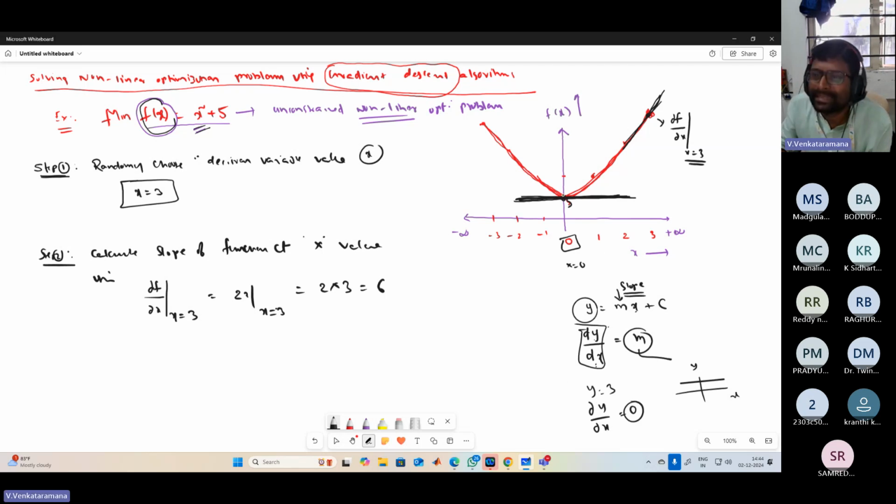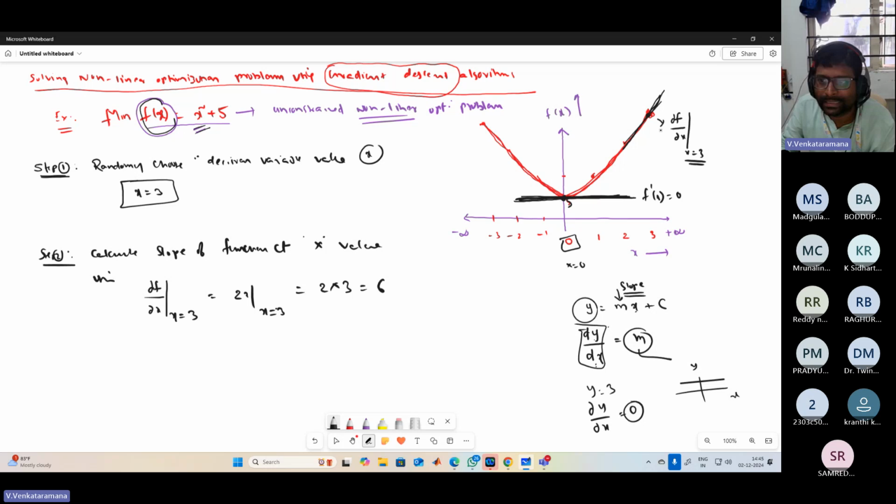So at the optimal point, when you draw the tangent, which is parallel to the x variable, at this point your gradient f'(x), or ∂f/∂x, equals 0. Okay. So our goal is, we randomly choose the x value somewhere in the space, and we calculate the gradient at that point.